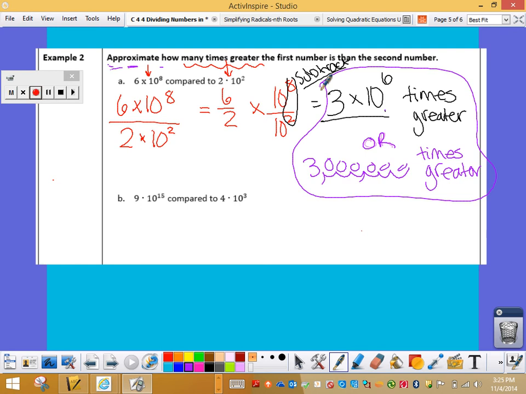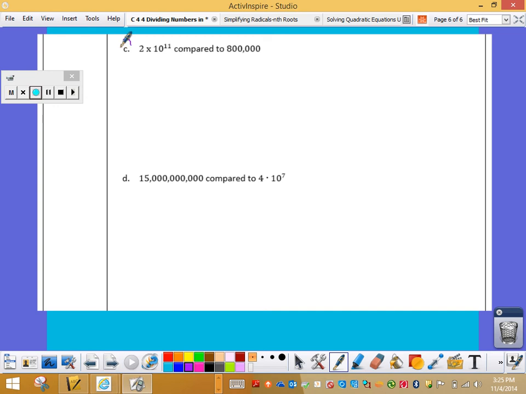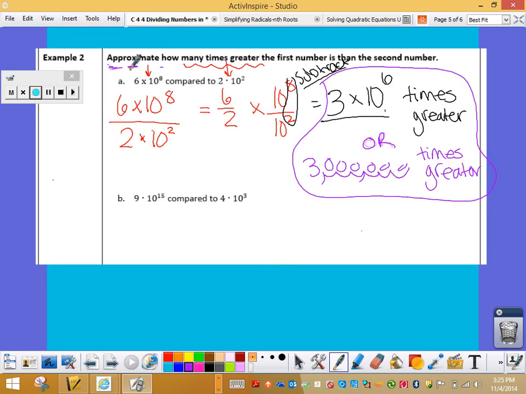All right. Now that we've done one like that, I want you to circle and go back and do, let's see, I want you to try C. Now, make sure you pay attention to your directions, that it says approximate, how many times greater.